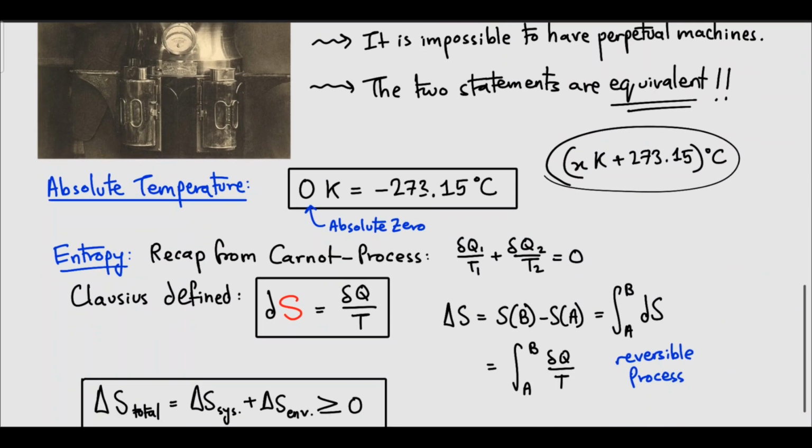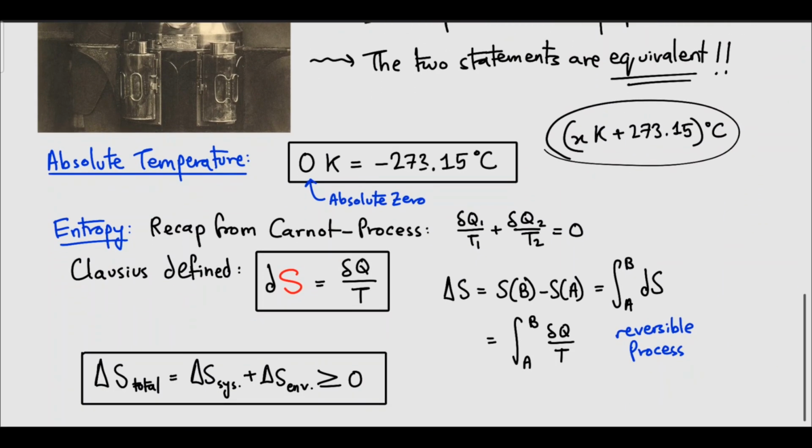And now coming to the very important part of entropy. As we did a short detour into the Carnot process in one of the earlier videos, we saw that there was this very weird pattern that emerged, whereby we saw that Q, the heat given to the system or taken out of the system, is not a state parameter or a state variable, but T is.